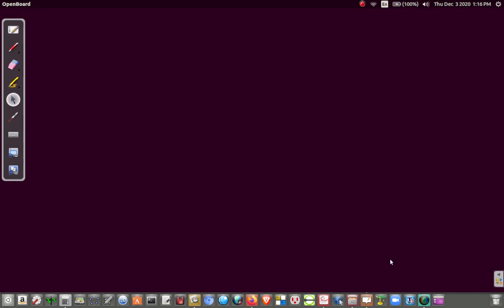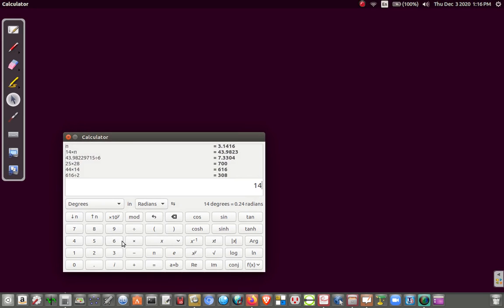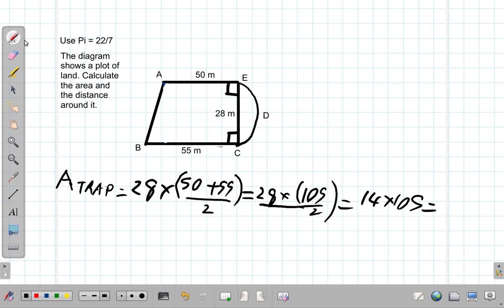So 14 by 105, let's just quickly get a calculator here. 14 times 105 is equal to, and you get 1470. So this is 1470 meters squared, right? That's 1470 meters squared.